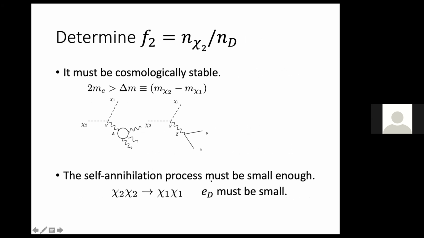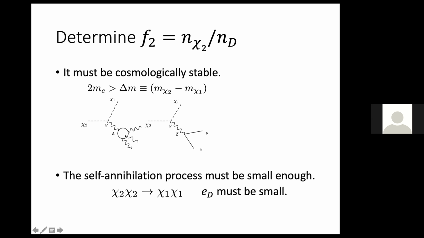The first one is decay. Because there's a mass gap, it can actually decay. However, the mass gap we need is very small, much smaller than two times the electron mass, so it cannot decay into an electron-positron pair. So the only decay channels are just like the decay of the dark photon field.